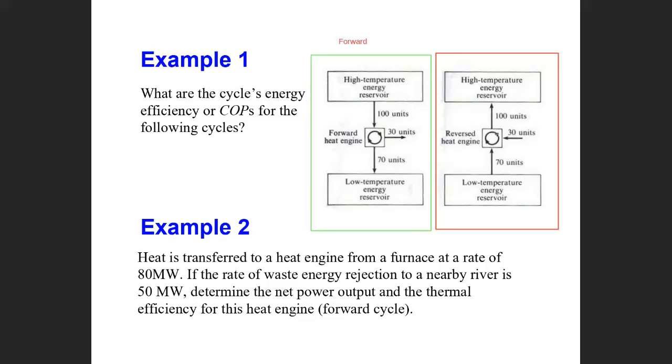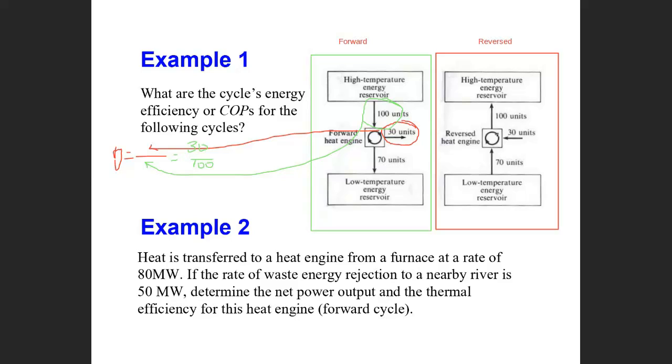For the forward heat engine, the cycle efficiency is expected output over required input. The expected output is here, because you want to convert thermal energy into work, and this is the required input. So it is 30 over 100, which is 30%.